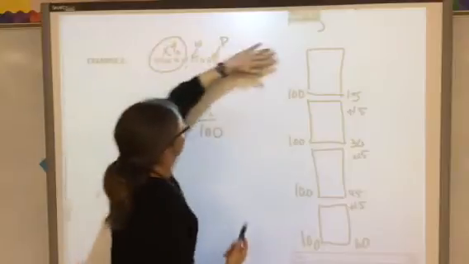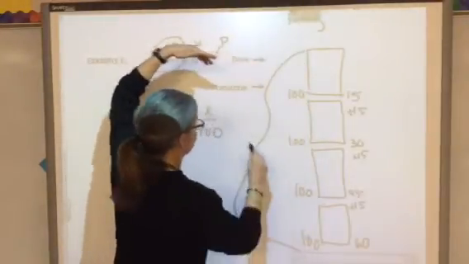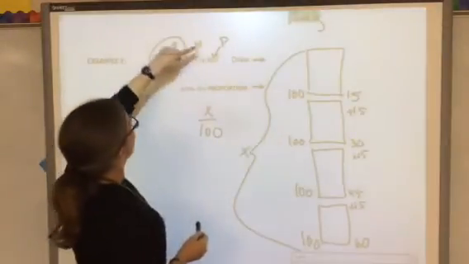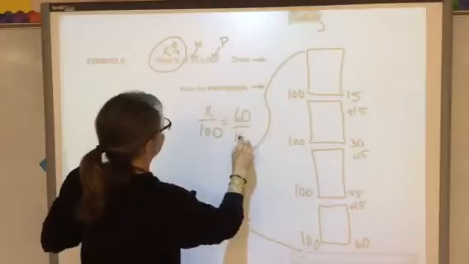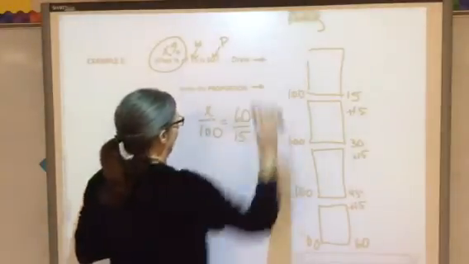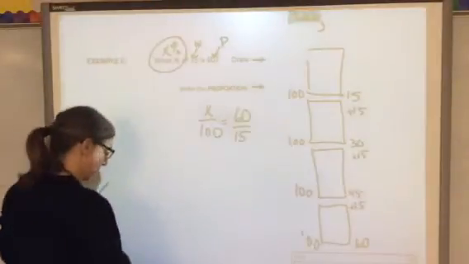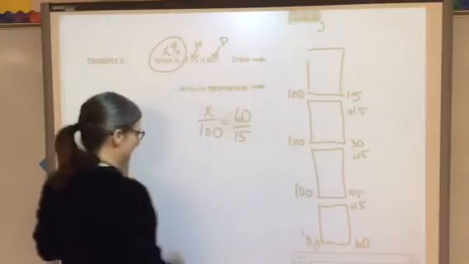My x, I didn't know what it was. The x is representative of all of this. So there's my x, equals my part, 60, out of my whole, which is 15. Let's cross multiply, because there's not a whole number I can divide 100 by to get 15.